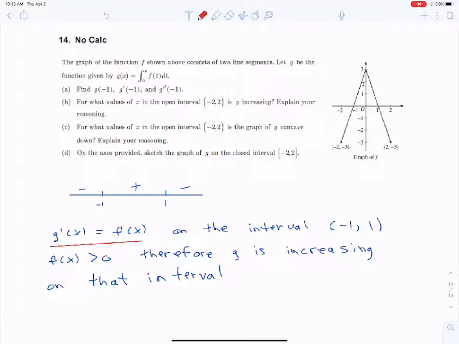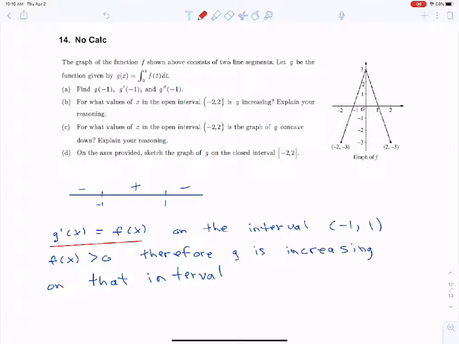The next question that came in: aren't you technically looking at g prime, not g, by putting it in terms of f? Remember, when we talk about a function increasing or decreasing, we're talking about its derivative. So I'm going to analyze if this function is increasing or decreasing. How am I going to do that? I'm going to take the derivative of g.